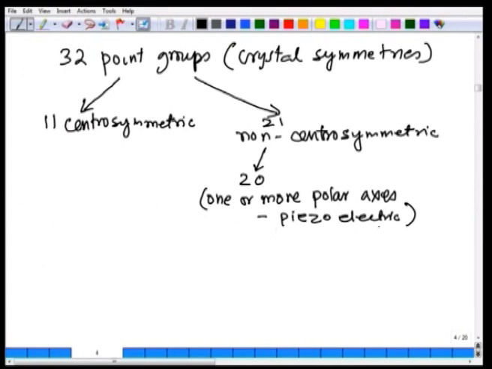So, this gives a piezoelectric material. Now, out of these 20 there are 10 which are polar, and these are the ones we are interested in, and they can be spontaneously polarized.